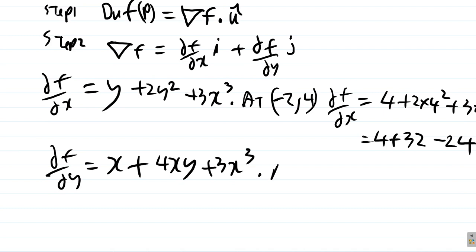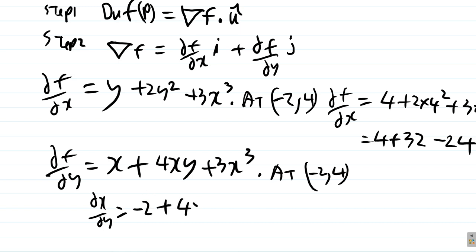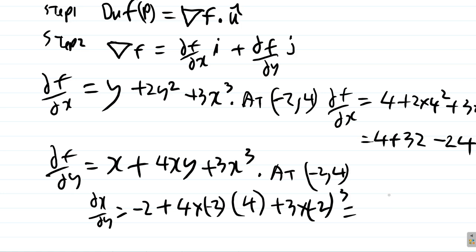Alright? Now, at the point negative 2, 4, what is it? ∂f/∂y is equal to, x is negative 2, plus 4 times negative 2 times y, which is 4, plus 3 times negative 2 cubed.